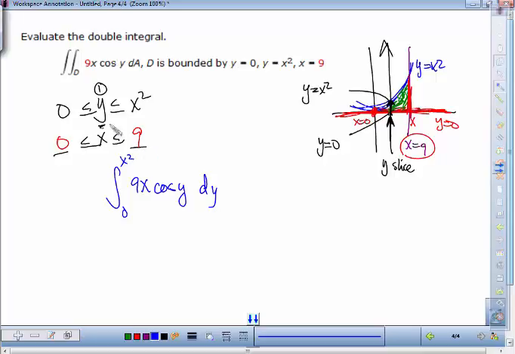So you write down the integral sign, you write down your integrand, you write down d and then whatever variable you're going to integrate with respect to first, so that's a y, and then you put the limits down for the y. And then you write your second integral on the outside, and then d, whatever you're going to integrate with respect to last, and then the limits for that. And here you go. Okay?